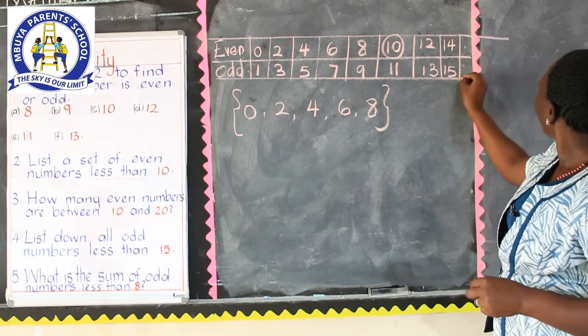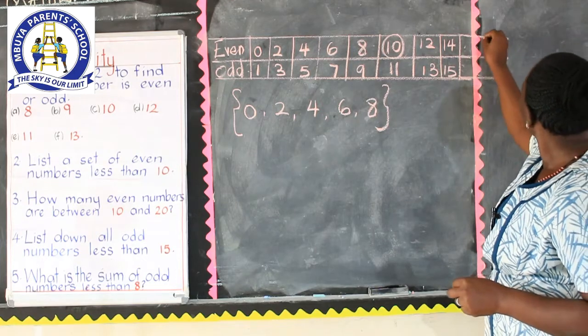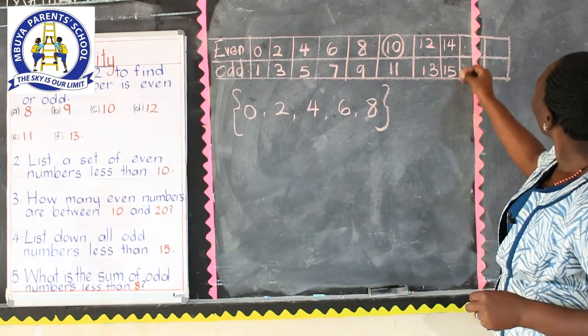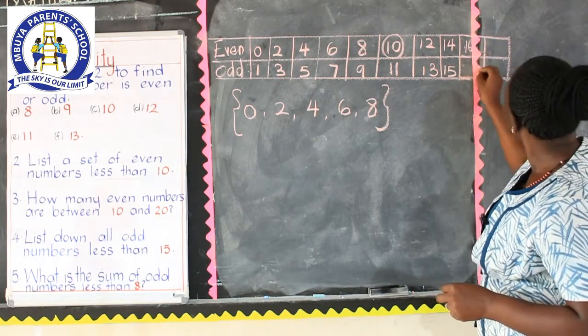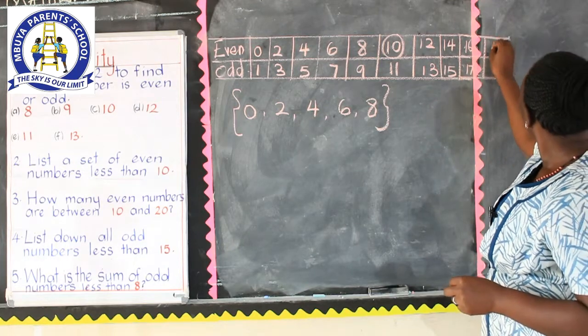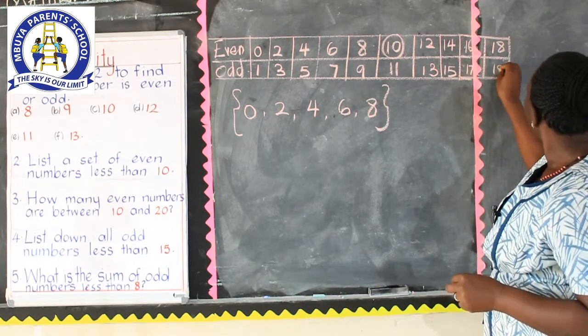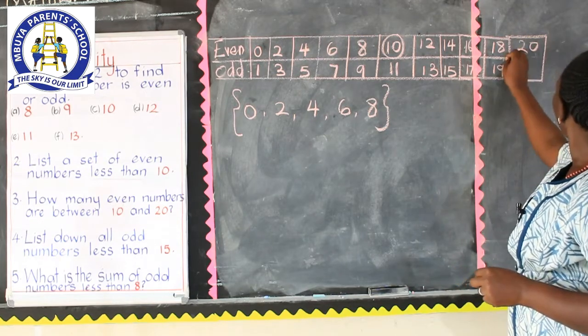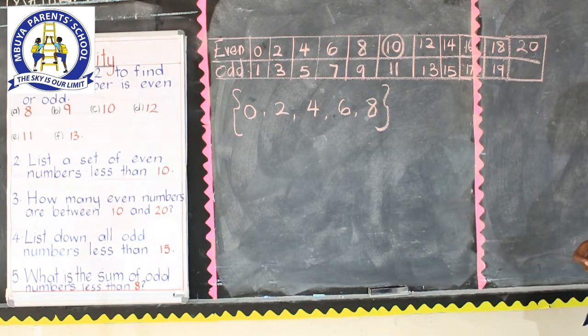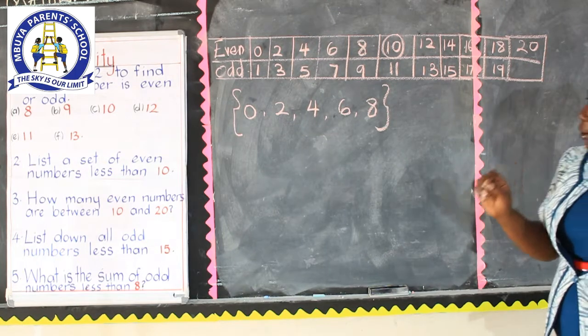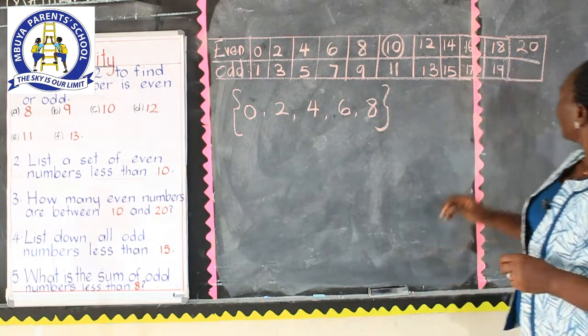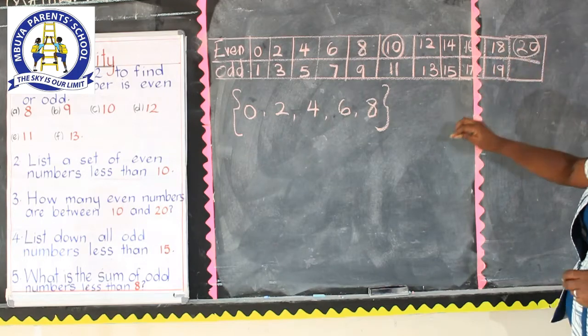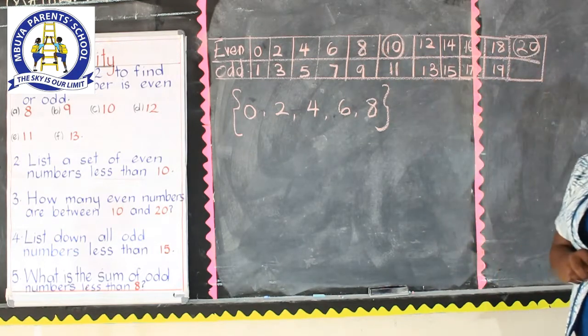We continue there. We have 16, 17, 18, 19, and 20. I think we can end there with 20 because we are looking for even numbers between 20 and 10.